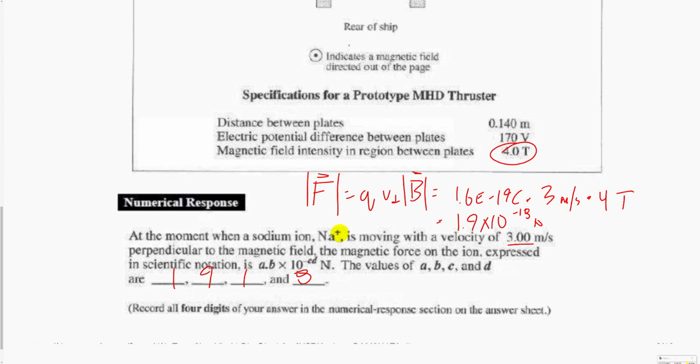What tells me that I'm probably in the right ballpark here? Not the number per se, because I don't really know. But look at how they want me to express the answer, 10 to the negative something, right? So we see 10 to the negative 18. We have a two-digit exponent. We know it should be a two-digit exponent there. So I feel pretty good about that.